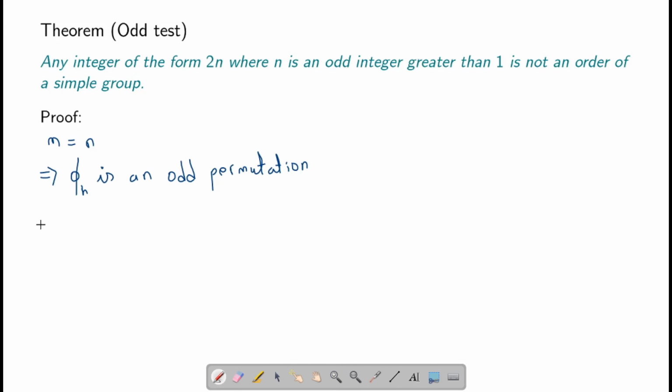And since φ_h is an odd permutation, this will tell us that exactly half the number of elements in F(G) are even and half the number of elements are odd. So we can take H to be A_g intersection with F(G).